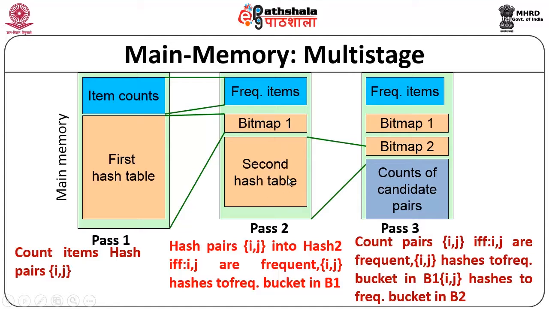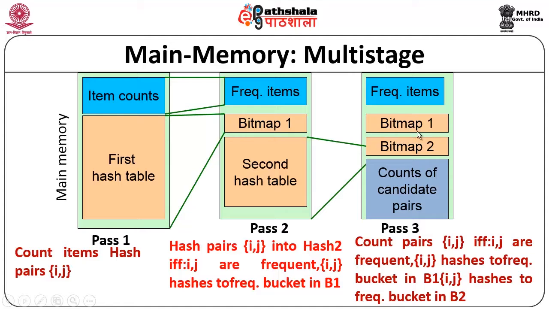Before passing to the next phase, you will have to construct the second hash table. The second hash table will be mapped to another binary vector, that is bitmap 2. Now, whenever an item pair i, j hashes using the hash 2 function, if and only if it is frequent, it will be passed to phase 3, that is, it will be mapped to the corresponding bucket in the bitmap vector.